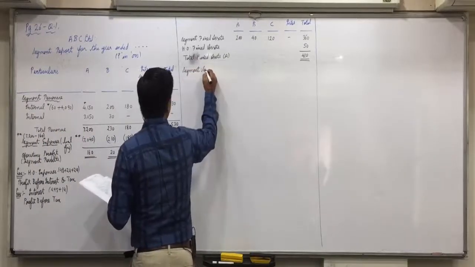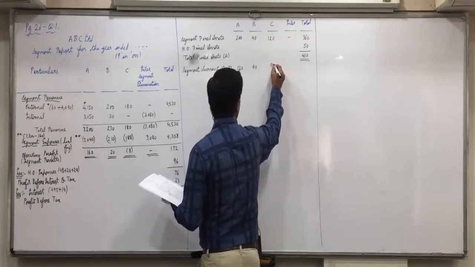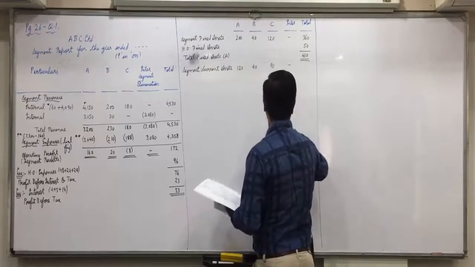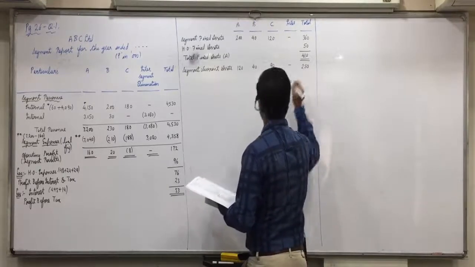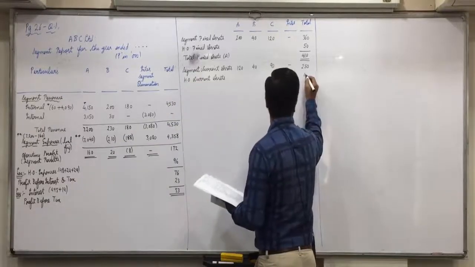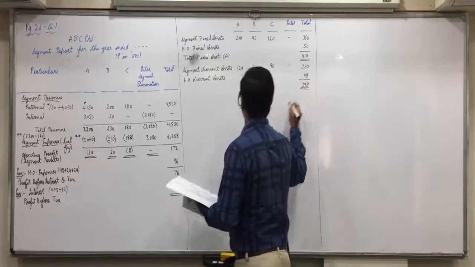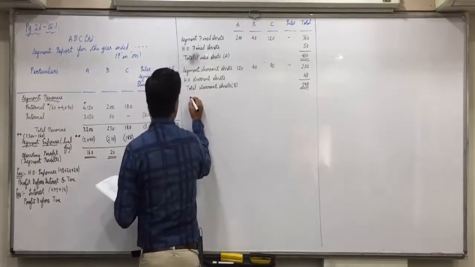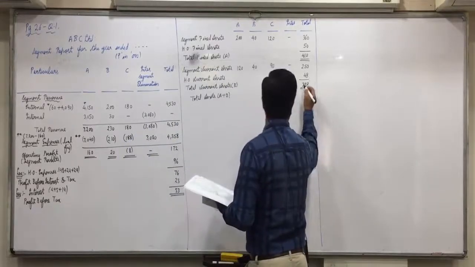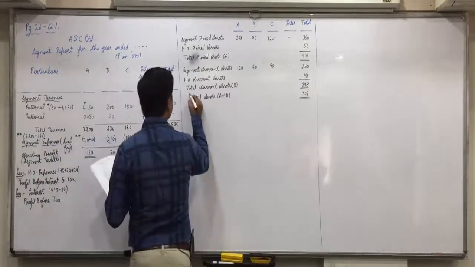Then current assets. So segment current assets 120, 40, 90, 120 plus 40, 160 plus 90, 250. Head office current assets, you find 48. So 250 and 48, 298 are total current assets. Total assets will be A plus B, 410 plus 298, 700 and all of you are clear with this?